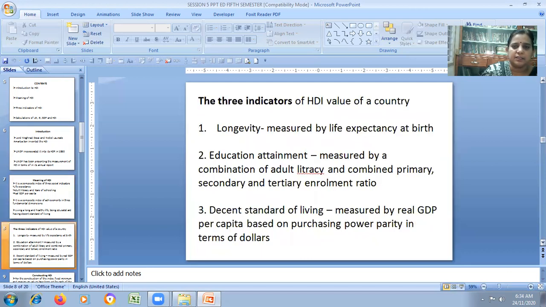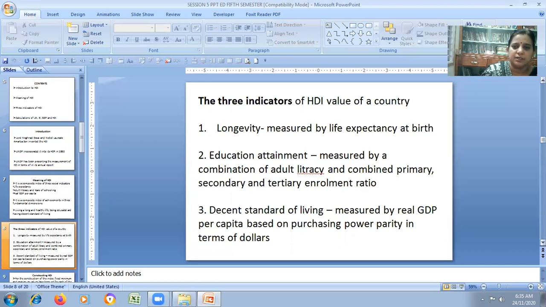The three indicators of Human Development Index value of a country are: longevity, which is measured by life expectancy at birth. Second one, education attainment.